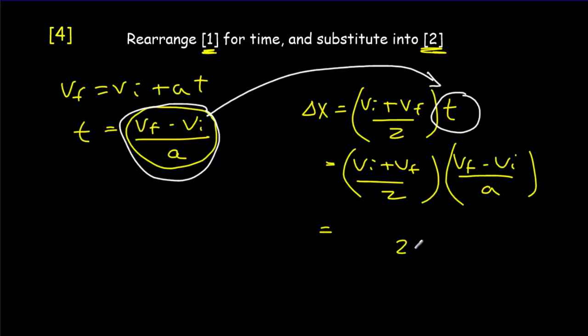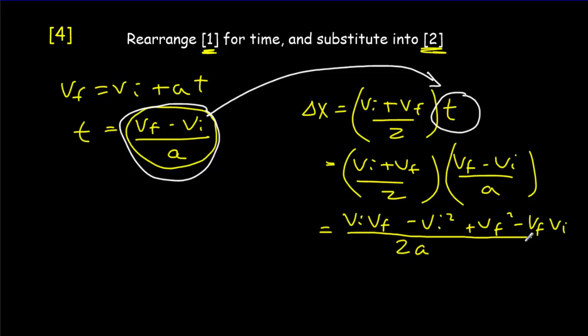Multiply the denominators, I'll get 2A, and then in the numerator I'll get VI VF minus VI squared plus VF squared minus VF VI. Of course the VF VI terms go out, so we get VF squared minus VI squared all over 2A equal to delta x.